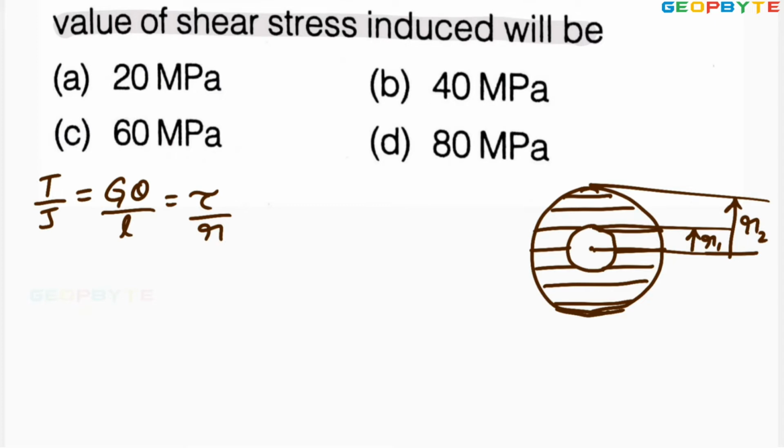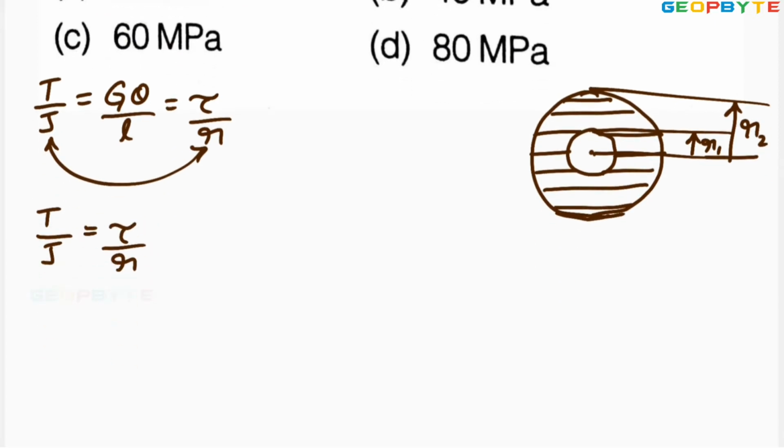Now, look at the first relation and last relation. T by J equal to tau by R. From this, the shear stress tau equals T by J into R. From this, I can conclude that as the radius is more, the shear stress is growing.